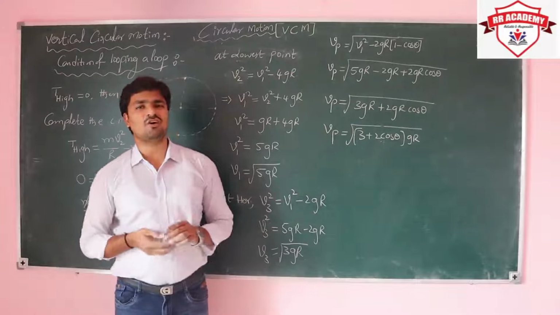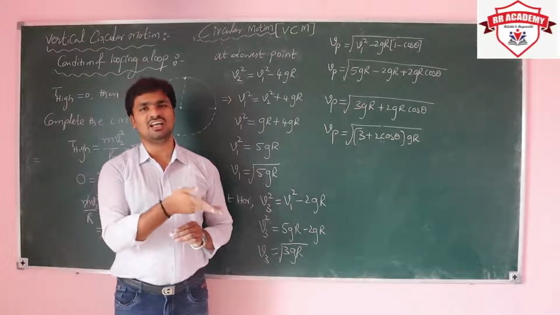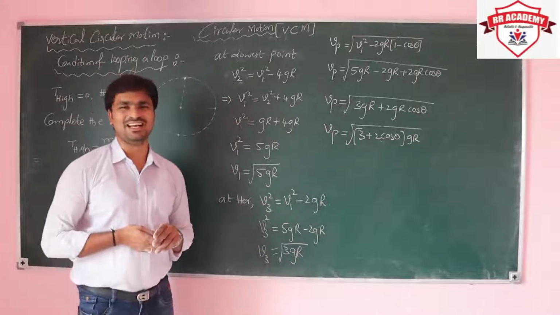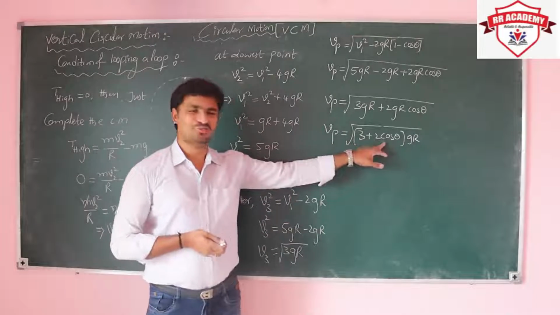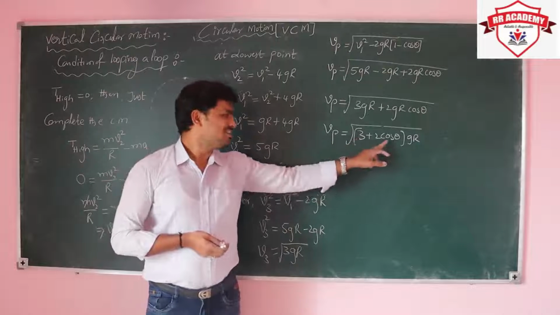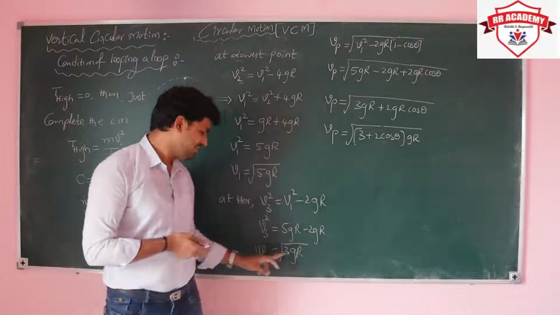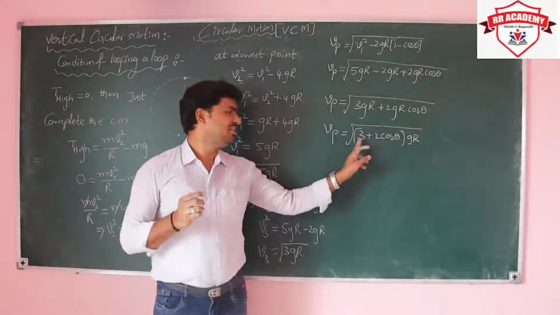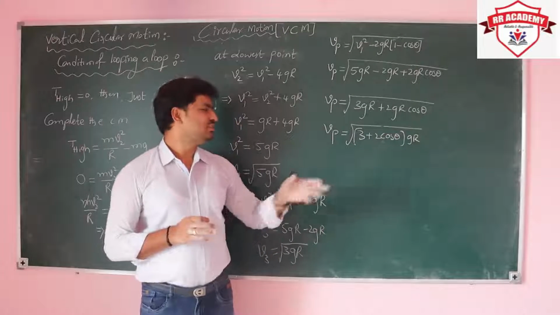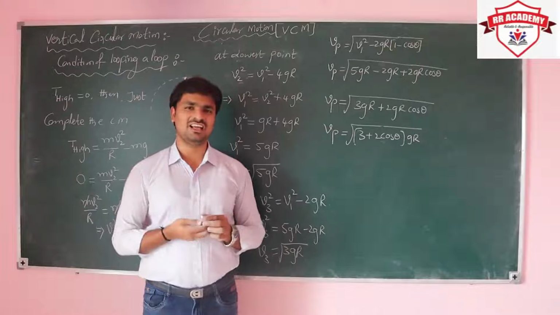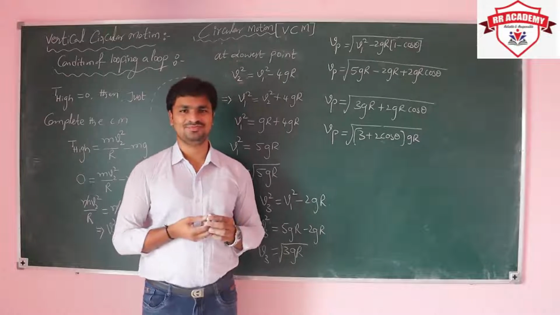Now you can put the cos theta value anywhere. If you put 180, cos 180 is minus 1, so 3 minus 2 gives you gr. Cos 90 is 0, so you get 3gr. Cos 0 is 1, so you get 5gr. By using this formula, you can calculate velocity at any point.